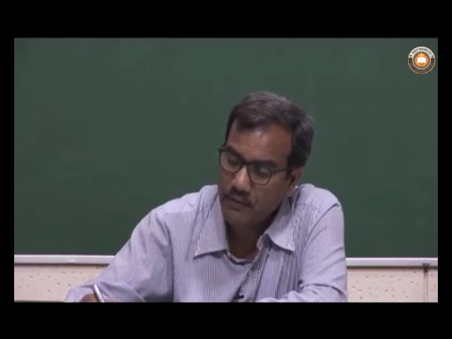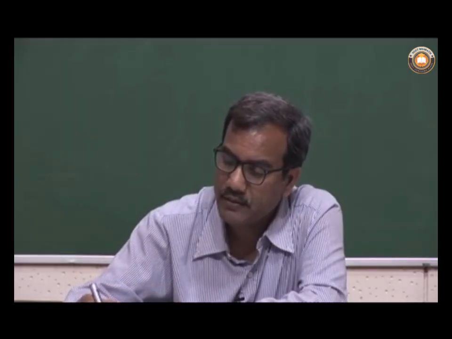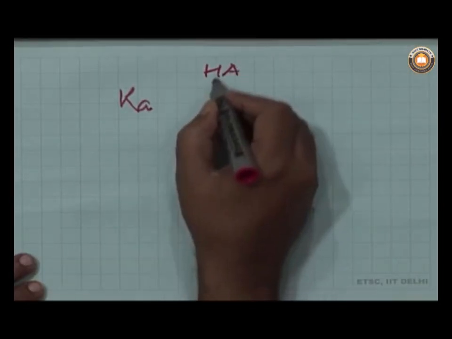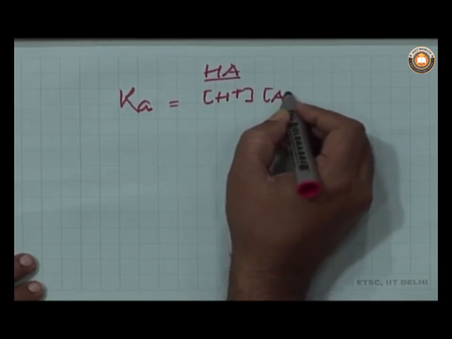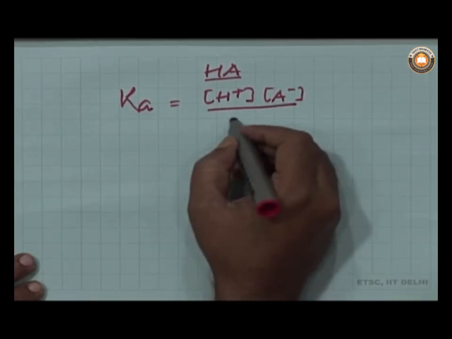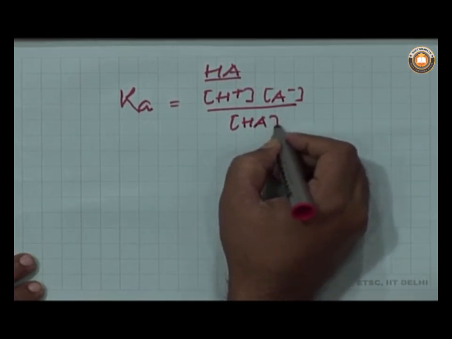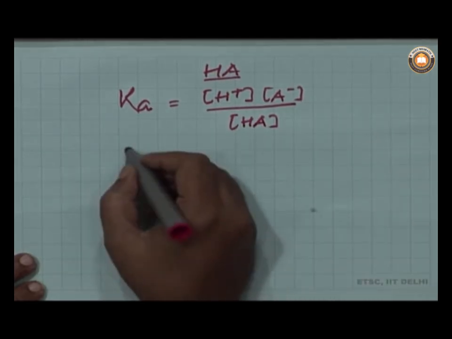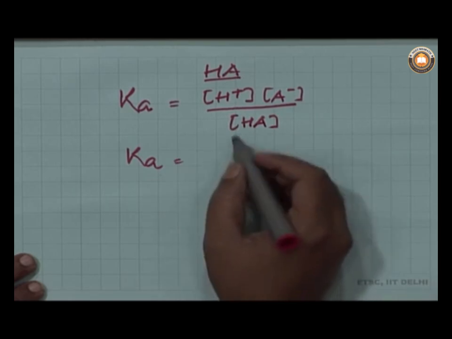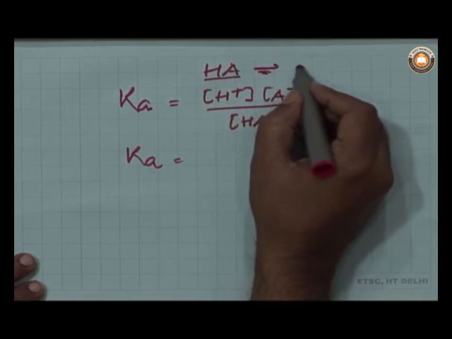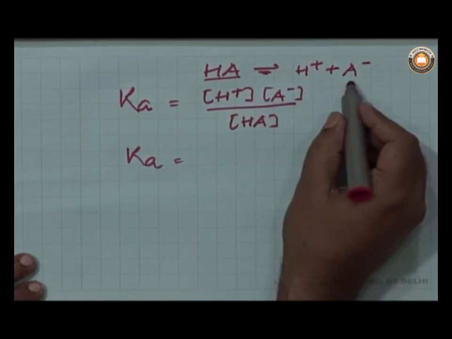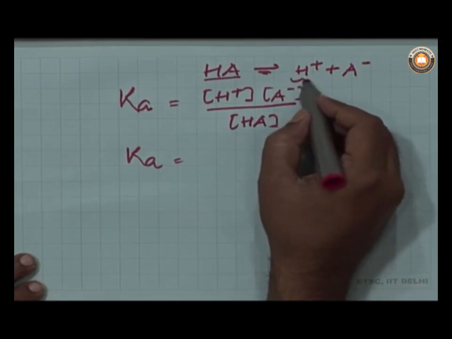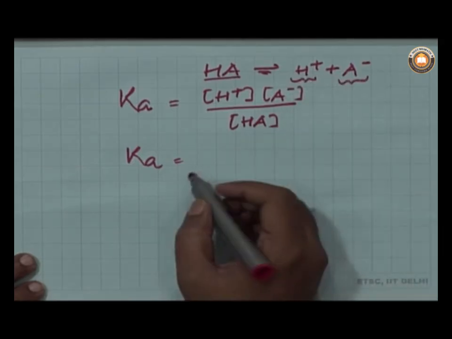The way we calculate H plus ion is, for an acid like HA, which is a weak acid, we can write Ka equals H plus ion into A minus divided by HA. Since HA dissociates into H plus and A minus, the concentration of H plus is equal to the concentration of A minus.